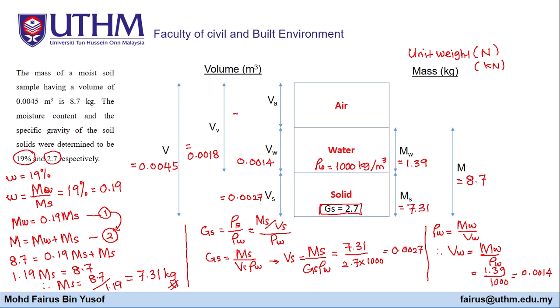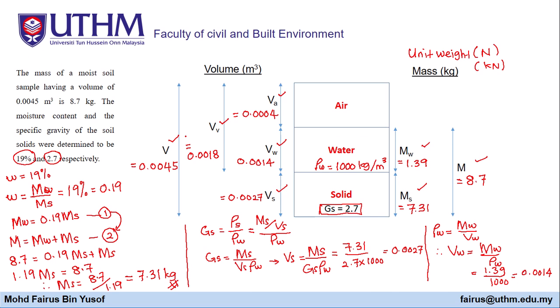So the value here is 0.0004. Okay, now we complete it. We know the MW, we know the MS, we know the VS, we know the VW, we know the VA, we know the VV, and we know the V. Now our phase diagram is complete.